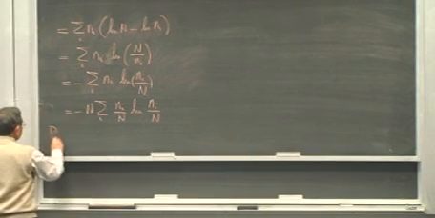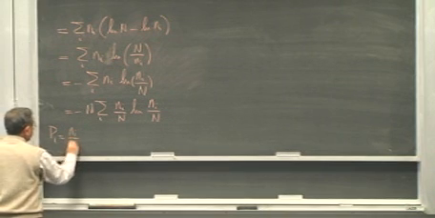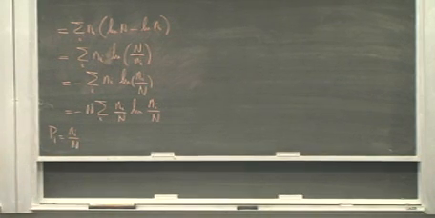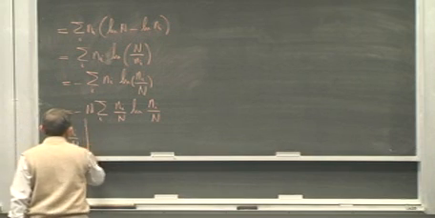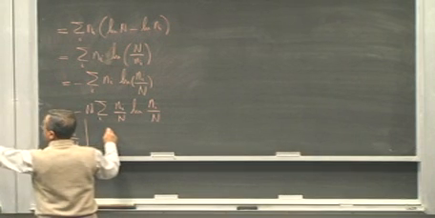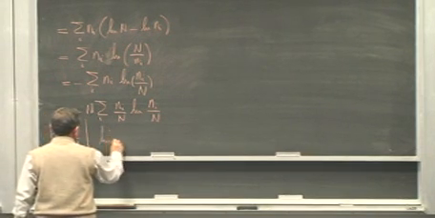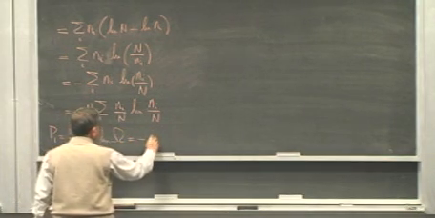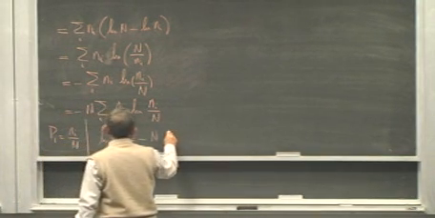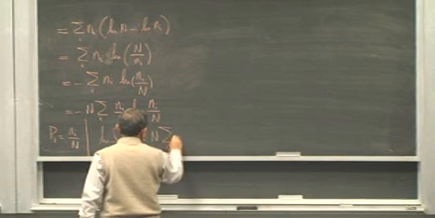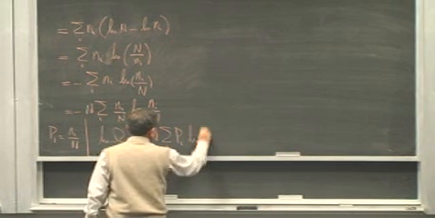Pi is equal to Ni over N. The number of times the ith state occurs divided by the total number of possible states is the probability of finding a particle in the ith state, the probability of the ith state. If this is the case, then log omega is equal to minus N times sum over i pi log pi.